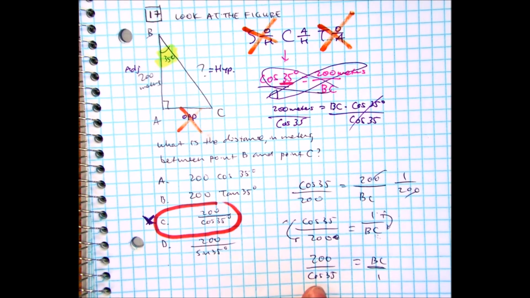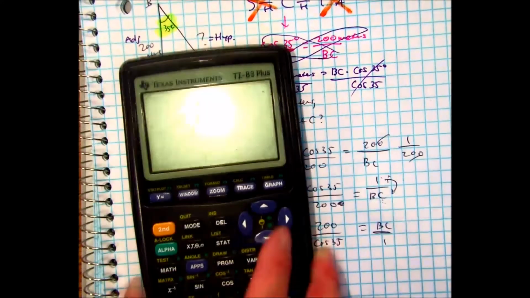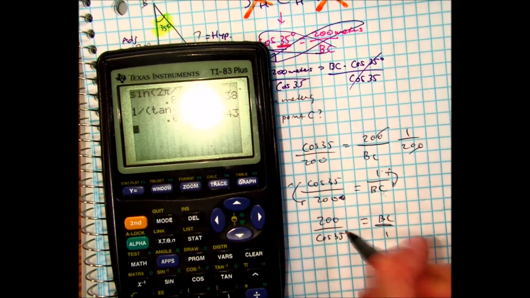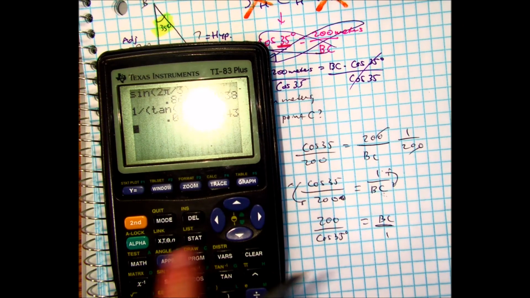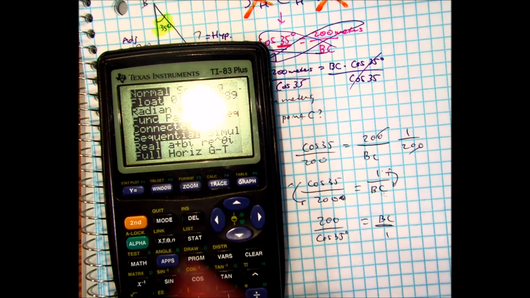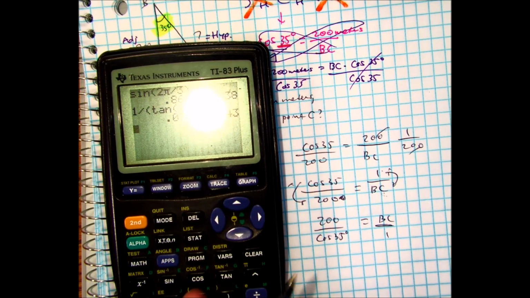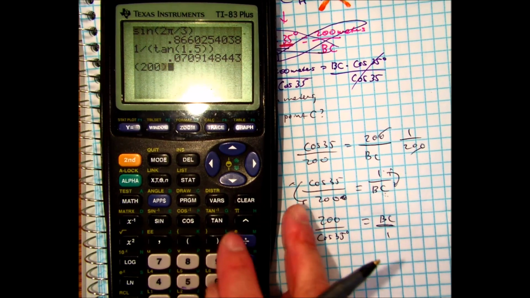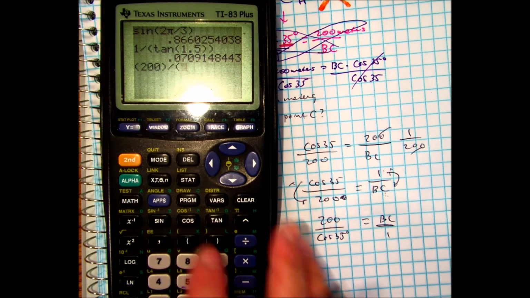So now I have a calculator ready equation. Let's just say we were asked to solve that. I notice this is in degrees, so I'm actually going to check my calculator. Always, always, always check. And then I can just type that in using extra parentheses. 200 divided by cosine 35.